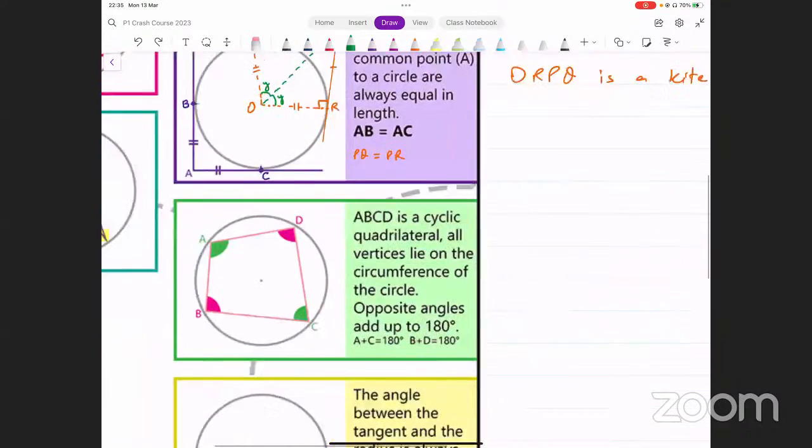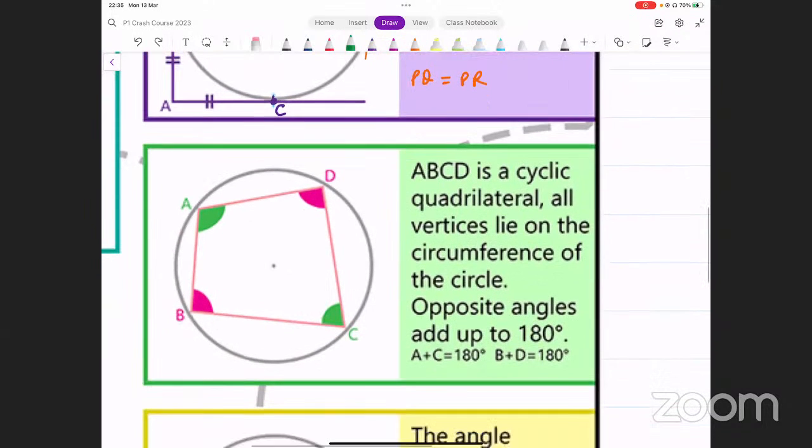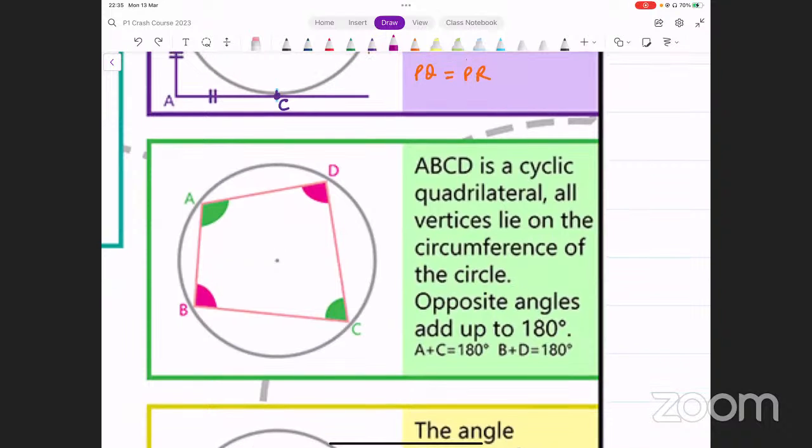Let's move on. Then you have the cyclic quadrilateral. What's a cyclic quadrilateral? In a cyclic quadrilateral, all the vertices of that shape lie on the circumference of the circle. In a cyclic quadrilateral that looks like this, the sum of opposite angles is always 180 degrees.